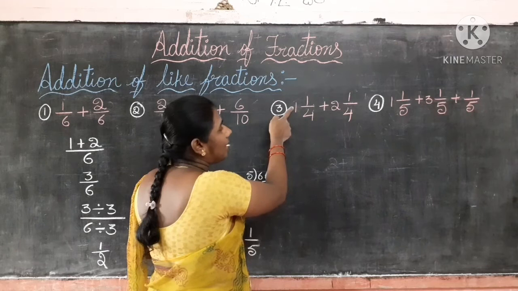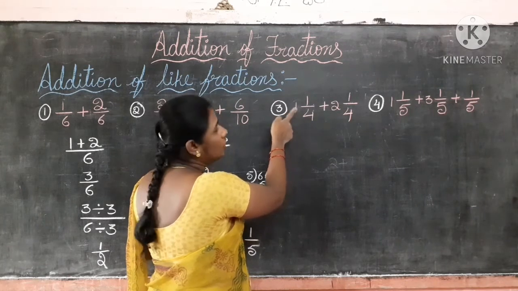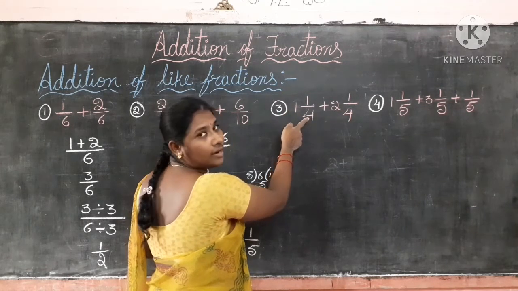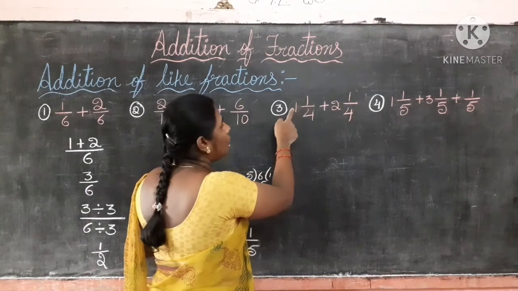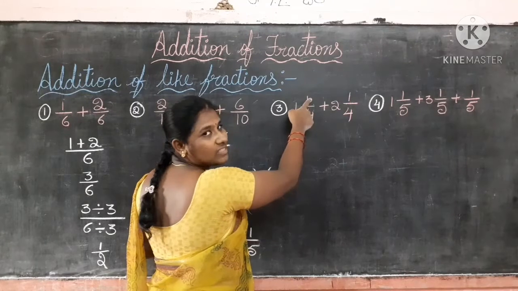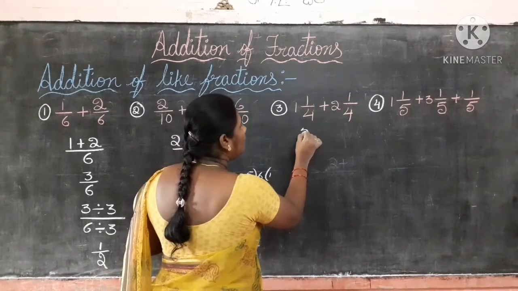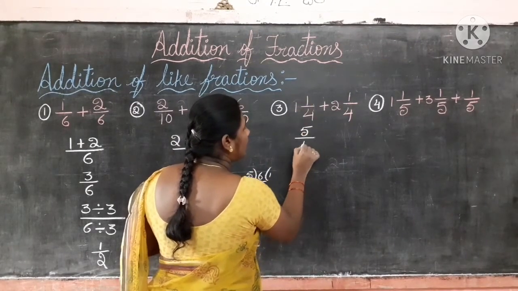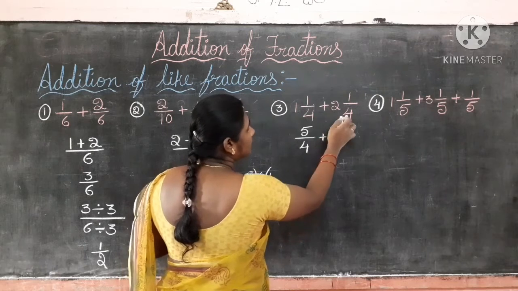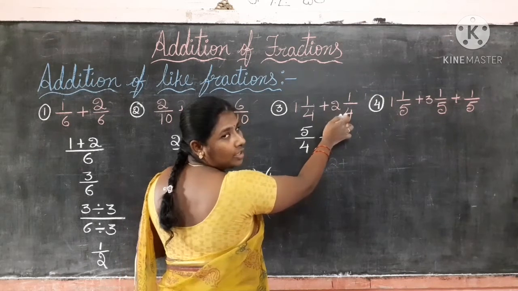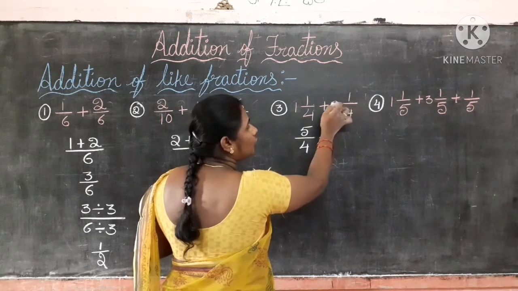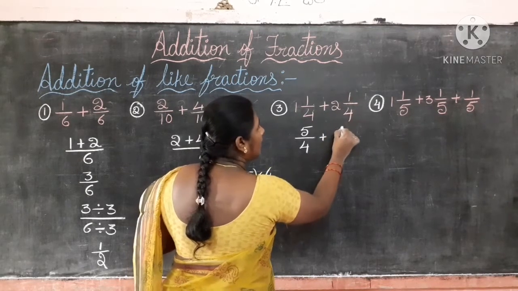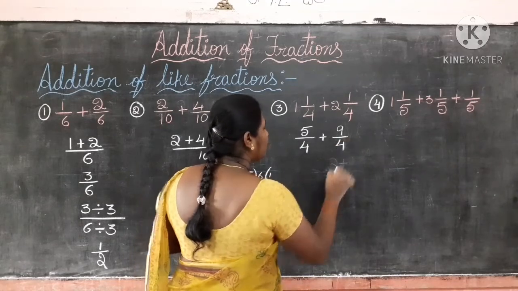So first multiply the whole number and the denominator. 1 fours are 4. Add the numerator, 1. 4 plus 1 is 5, by the denominator 4. Next, same again: whole number and denominator, 2 fours are 8. Add the numerator 1. 8 plus 1 is 9 by 4.